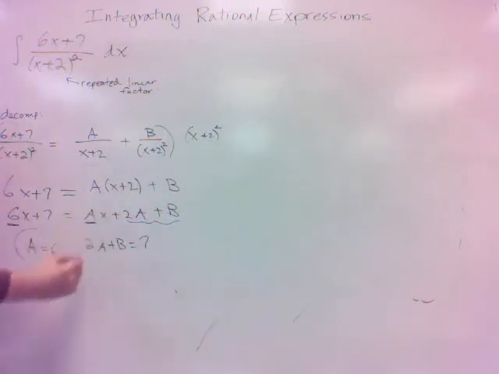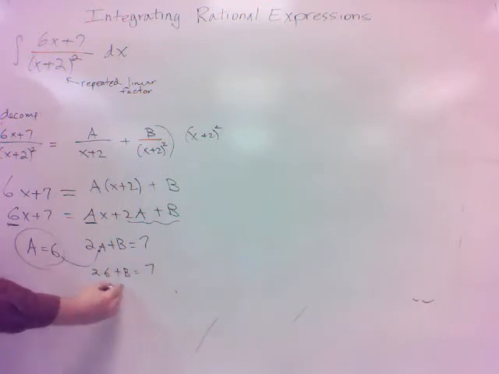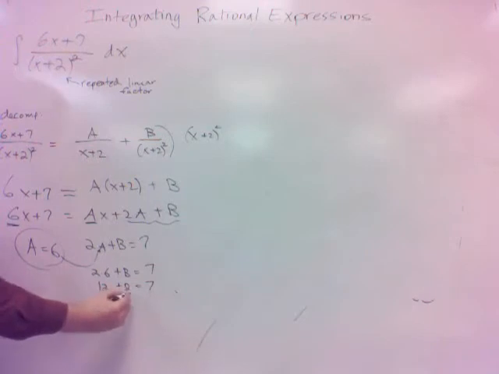Now I just have to plug in to get the B. 2 times 6 plus B would equal 7. That's 12 plus B equals 7. Subtract the 12, B equals negative 5.